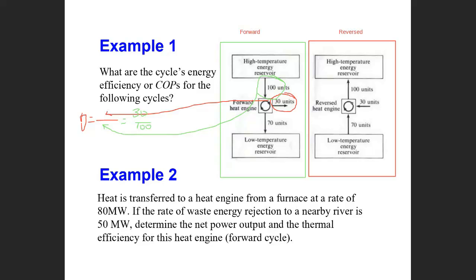For the reverse heat engine, because this value is larger than 1, we are using COP. Let's look at the COP value. For the reverse heat engine, we want to know the expected output and the required input. For refrigeration, the expected output is the cooling, which is 70 units.